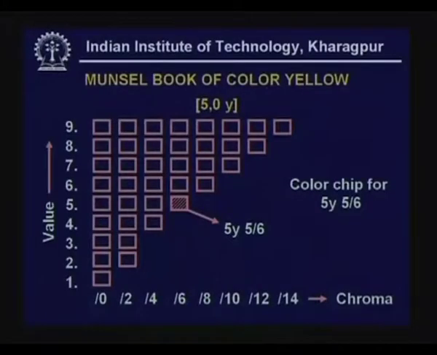You can say 0, 2, 4, 6, 8, 10, 12, 14 there, and the value increases on the scale of 0 to 10 on the y axis, and what do we see? Consider the color chip 5Y 5/6 that we were talking about, which is shaded. This denotes that this is a yellow hue halfway up and it is 6 levels higher in chroma, that is saturation. So, this is one way of specifying.